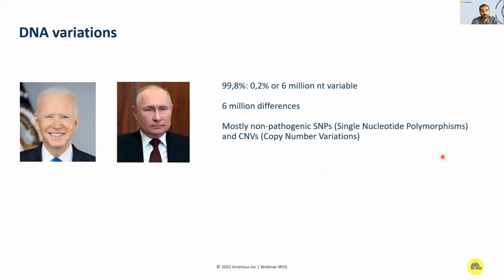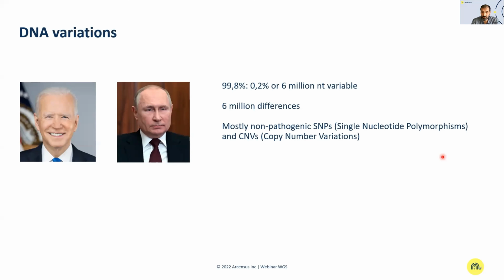Just to give you an example, if we take two individuals and compare their genomes, they would be 99.8% identical, meaning that although they are almost identical, about 0.2% of this whole genome would have about 6 million nucleotides that are different between those two. So we have 6 million different variants. As I mentioned earlier, those different variants are not harmful.